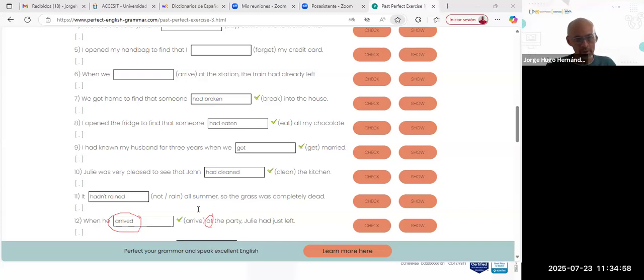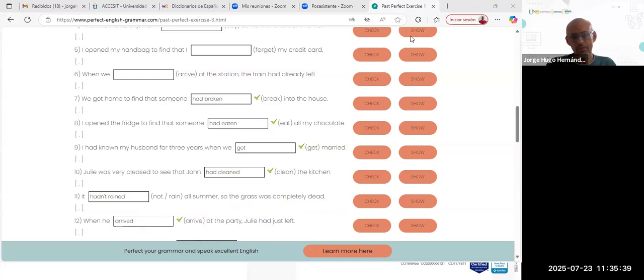But, for example, if I'm going to say arrive in Bogota, when we are talking about cities, we have to use the preposition in, arrived in Bogota, okay? So sometimes we can use arrive at when there is a very specific place. When we are talking about cities, we have to use in, okay? All the time we have to use in Bogota, in Cali, in Ibagué, okay? It's important to bear in mind that.